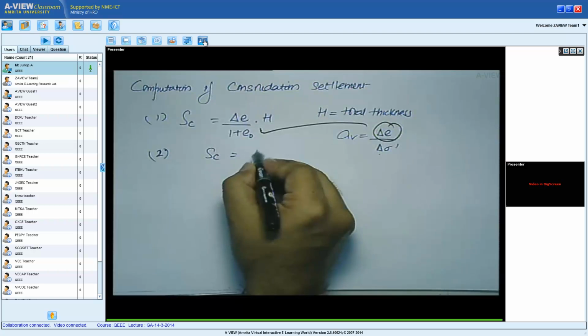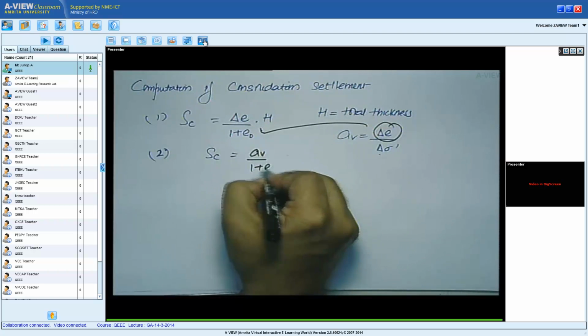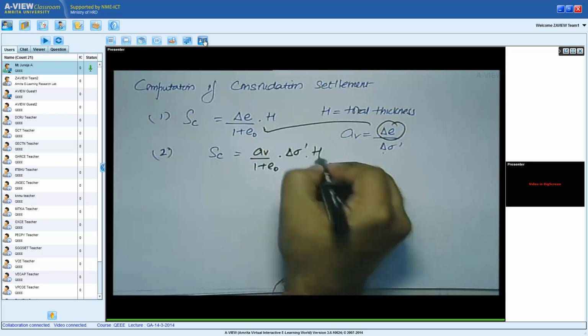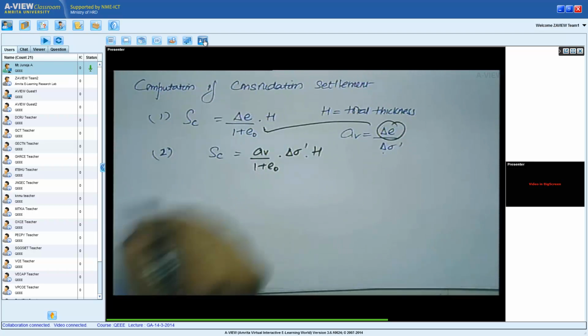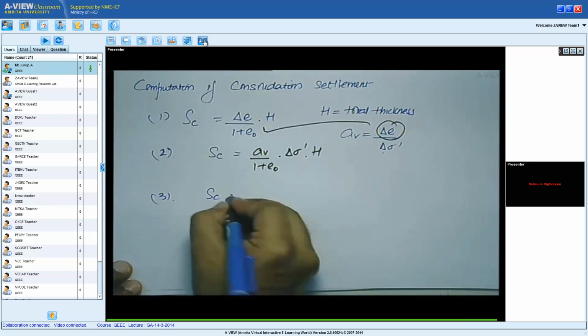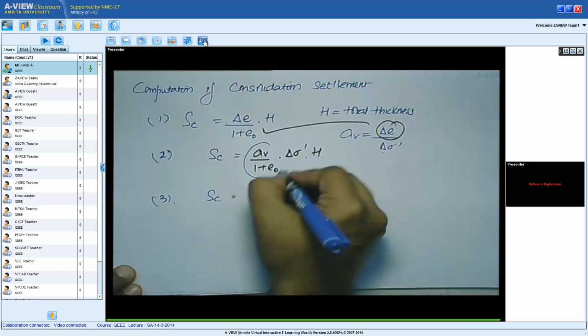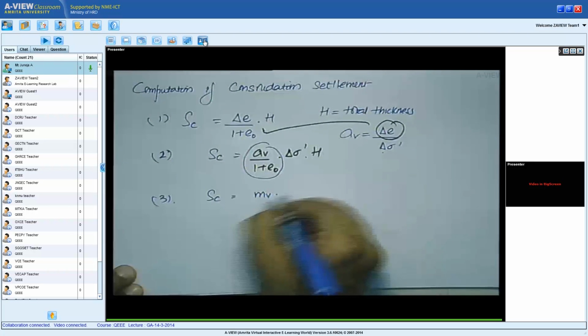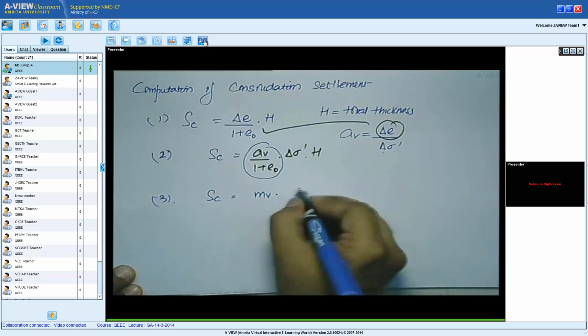SC equals AV over 1 plus E0, times delta sigma prime, times H. This led us to the third expression: AV over 1 plus E0 is MV. So SC equals MV, the coefficient of volume compressibility, times delta sigma prime times H.